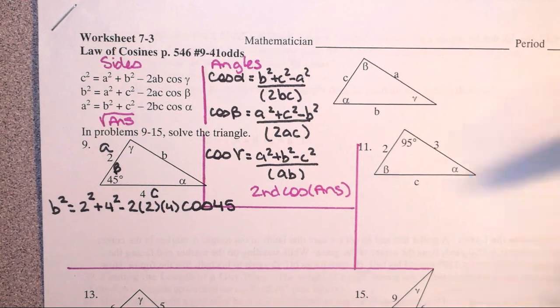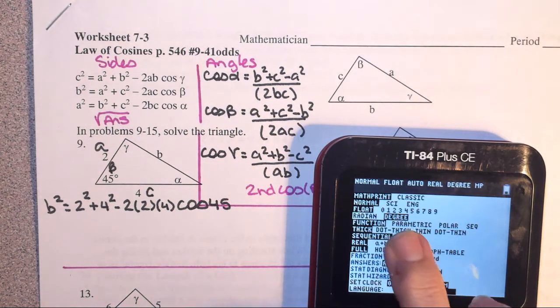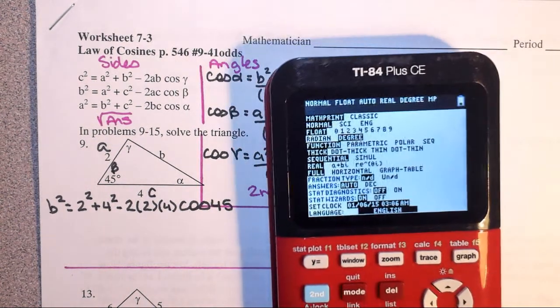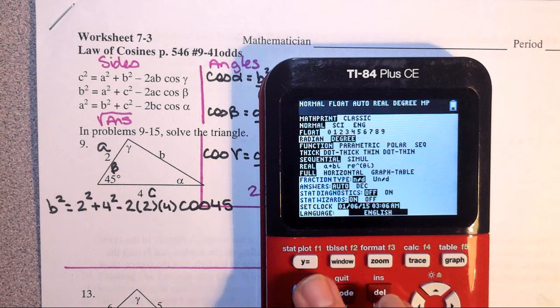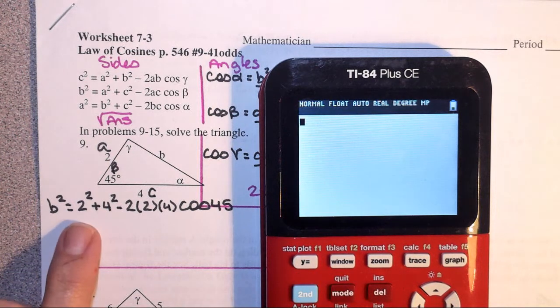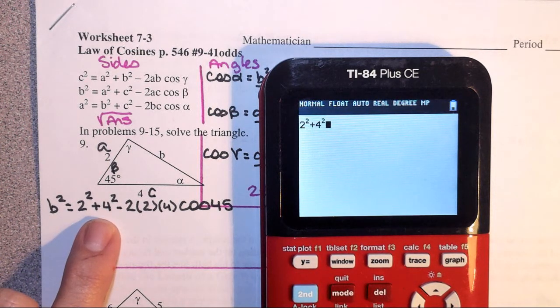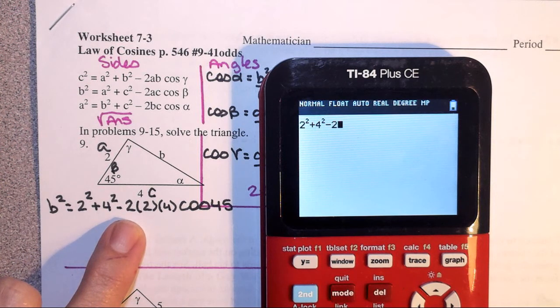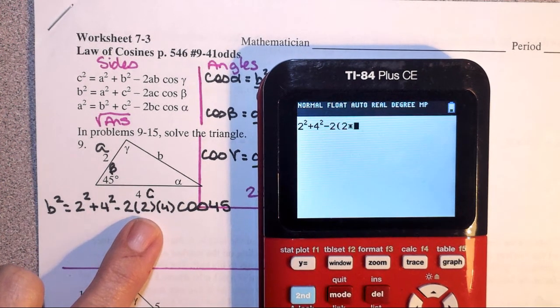So I simply pick up my calculator, I check real quick that I'm in degree mode, and I am, and I'm going to type in exactly what I see. So I see 2 squared plus 4 squared minus 2 parentheses 2 times 4 close parentheses times cosine of 45, and I hit enter.